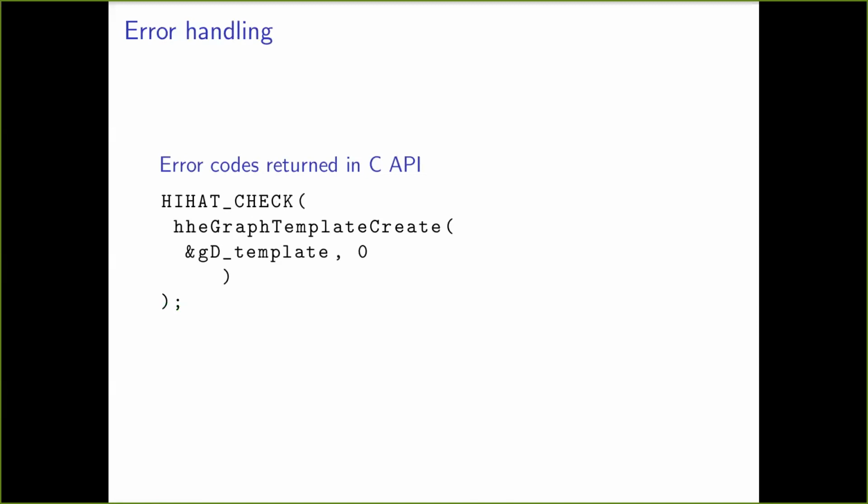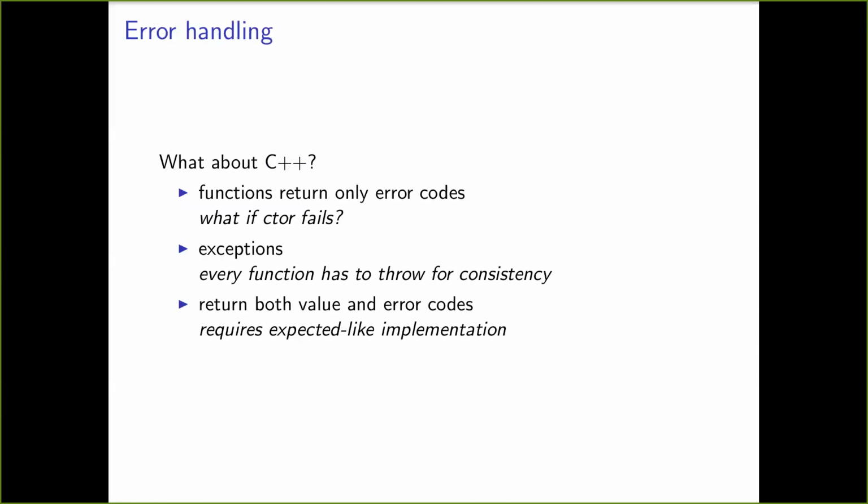So we proposed 3 ways. One of them is we could always return error codes to basically duplicate the behavior of the API, but that doesn't always work, for example for constructors, where we would need something like a factory method.